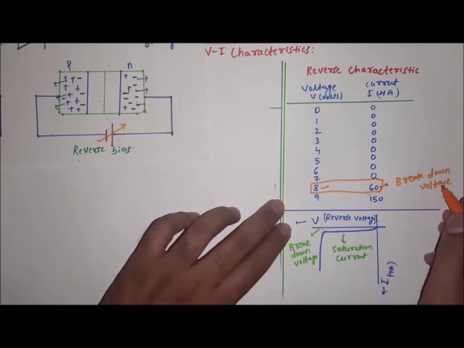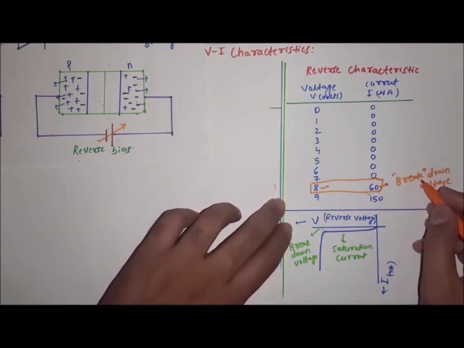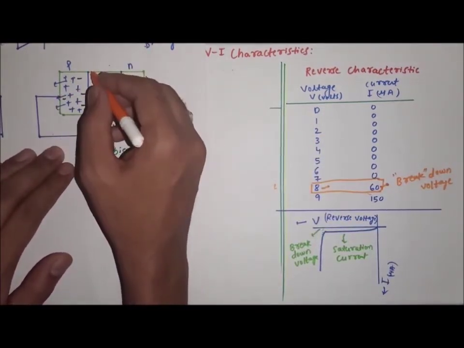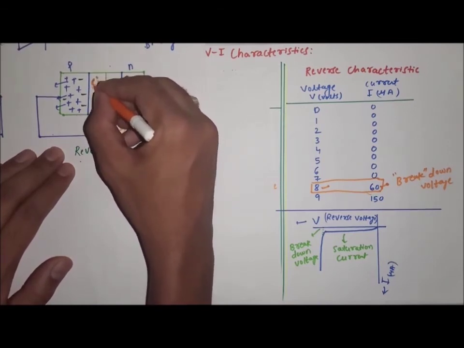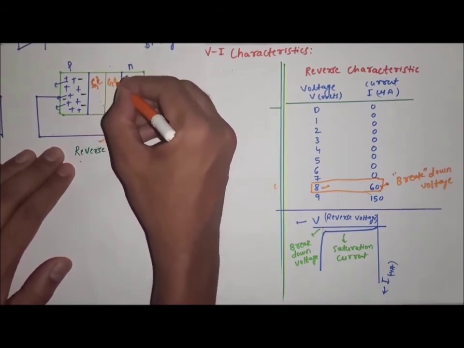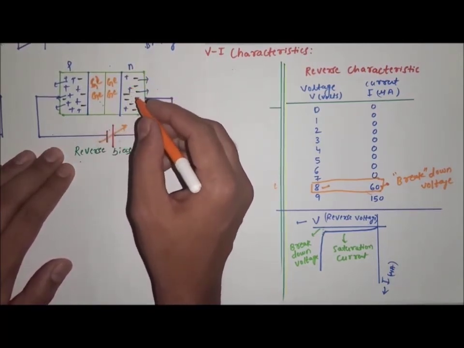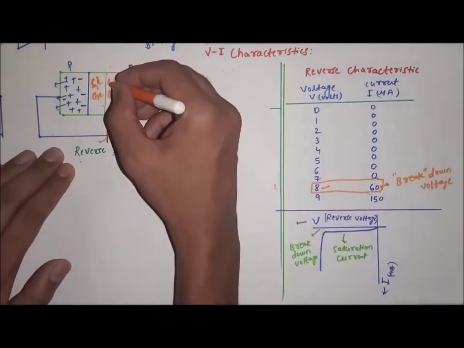Here the term break indicates that inside this semiconductor diode there are silicon or germanium atoms. If it is made up of germanium atoms, or maybe impurities were added in it, what happens? If you keep on increasing the voltage, what happens?